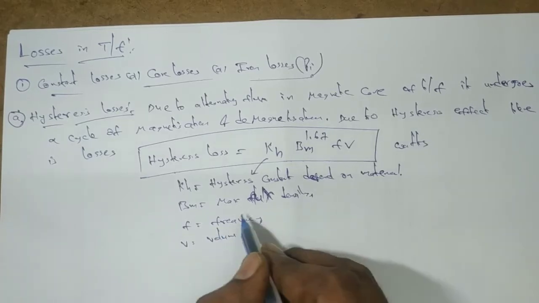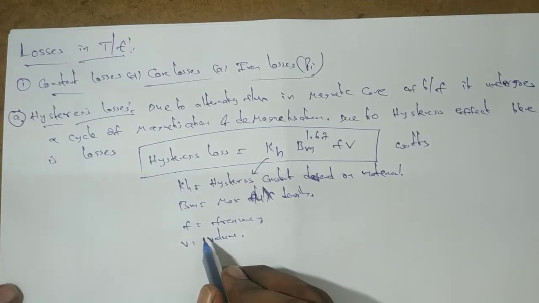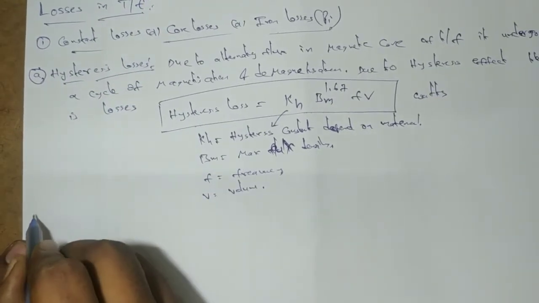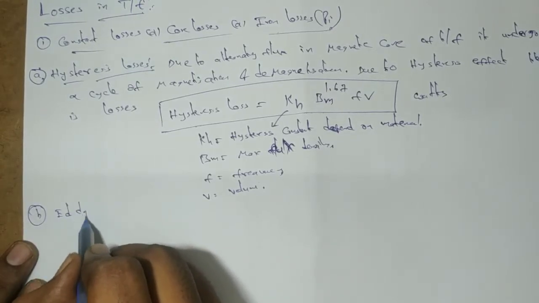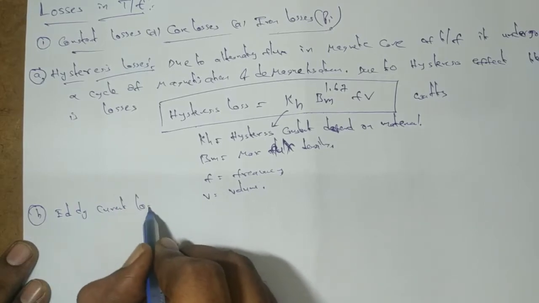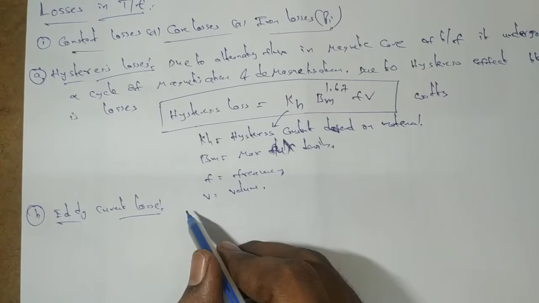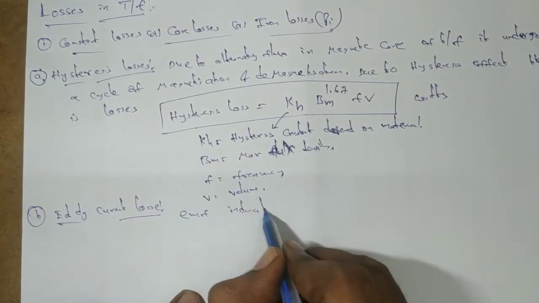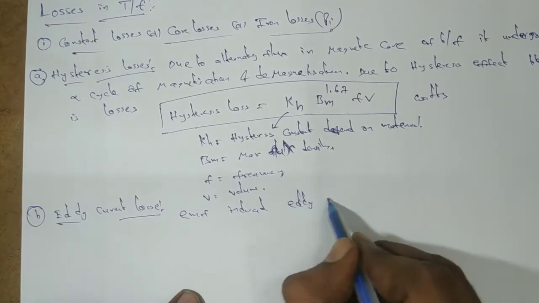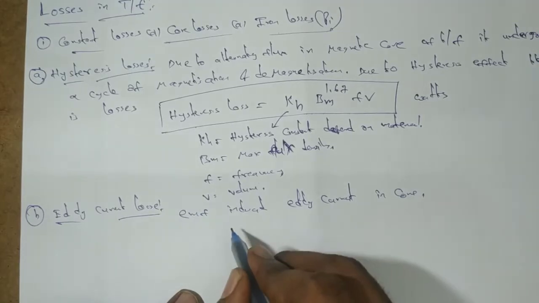In the same way, there is one more loss known as eddy current losses. These eddy currents are due to the induced EMF which results from the flux. The induced EMF creates eddy currents in the iron core, and this causes losses.